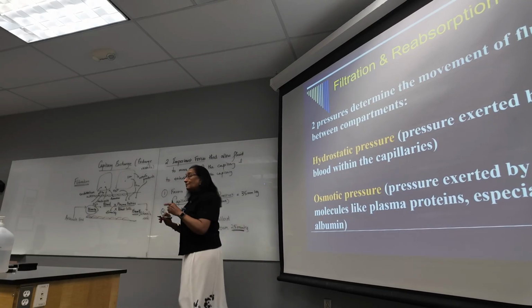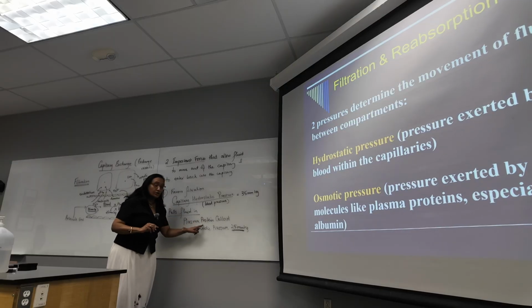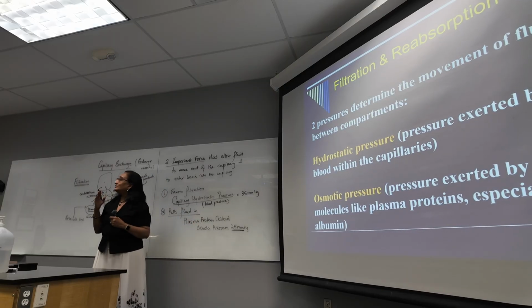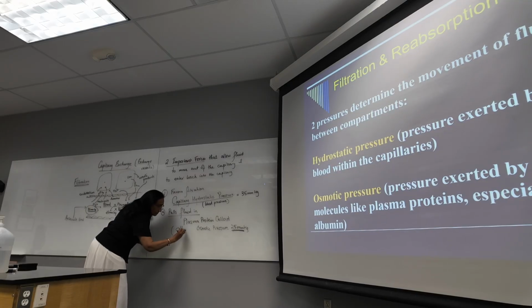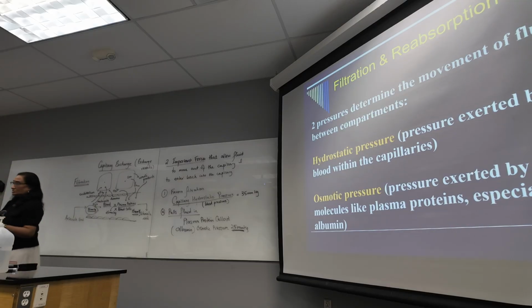Okay? And the plasma protein colloid osmotic pressure, the most important protein that exerts it is albumin, simply because it's there in large amounts.